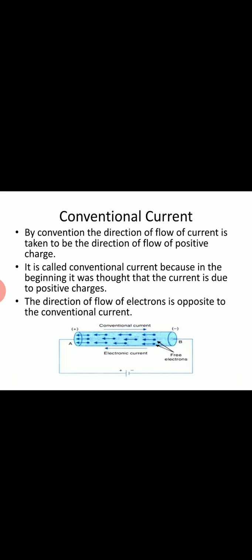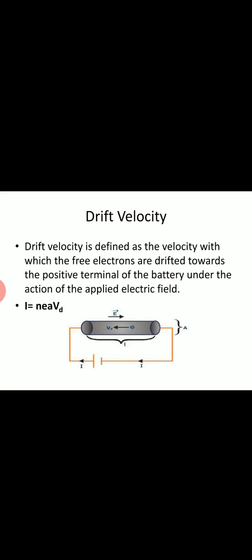In the diagram, the conventional current is flowing from positive to negative, and the electron flow is from negative to positive. From this we can conclude that the direction of flow of electrons is opposite to the conventional current. That is why the current has no direction of its own and it is a scalar quantity.